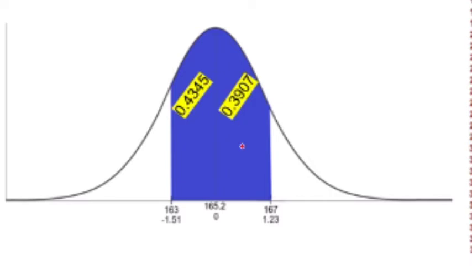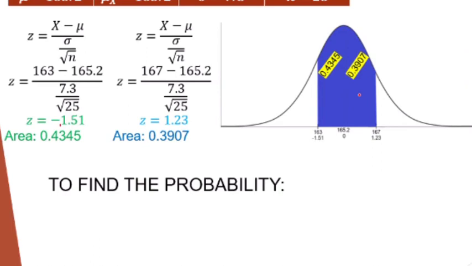To find the probability, how are you going to? So you are going to add. Since nakita nyo, it reaches the mean. So this is the measure of the first, and ito naman, ito.